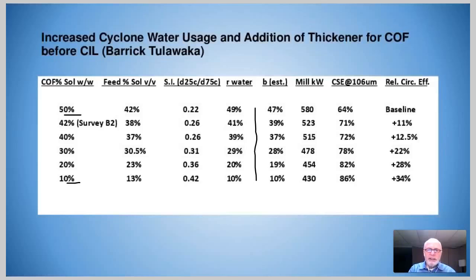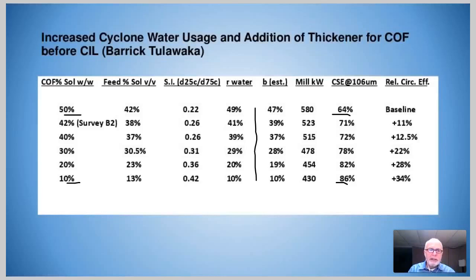And the classification system efficiency associated with each run is shown, starting with the existing circuit in the plant of 64% and increasing all the way up to 86% with increased water addition to the cyclone. That's an overall increase in circuit efficiency of over 30%.